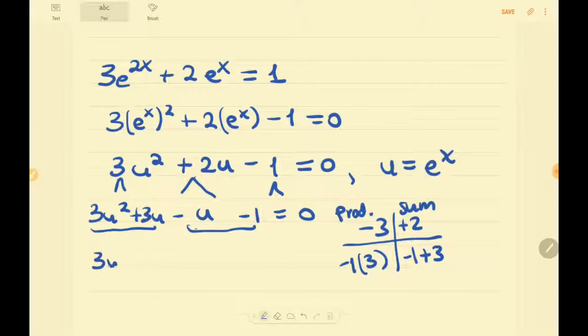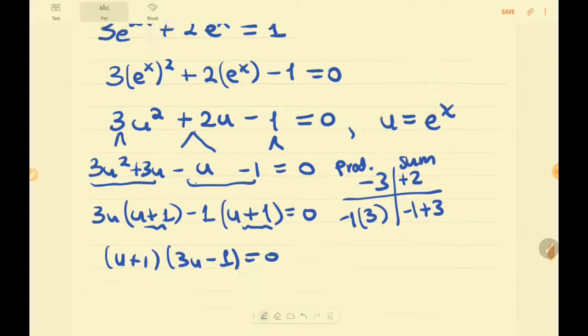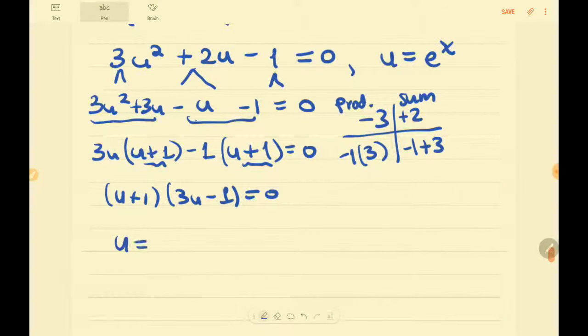So I get 3u times u plus 1, minus 1, I can factor out a negative 1, u plus 1. Make sure your two factors match so you didn't make any mistakes. So then I can factor out that common factor. And then u is equal to negative 1 or 1/3.